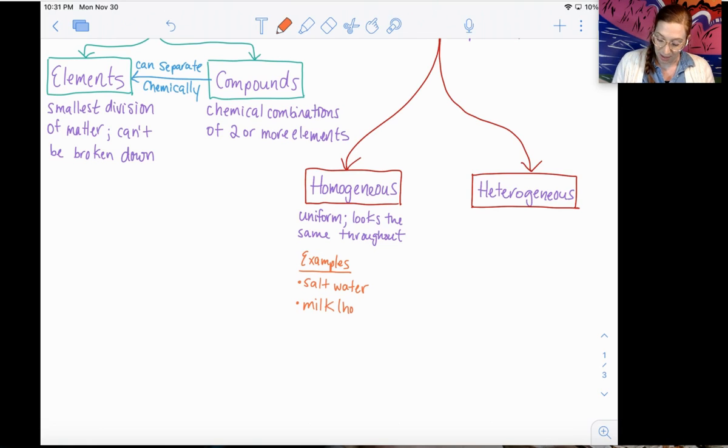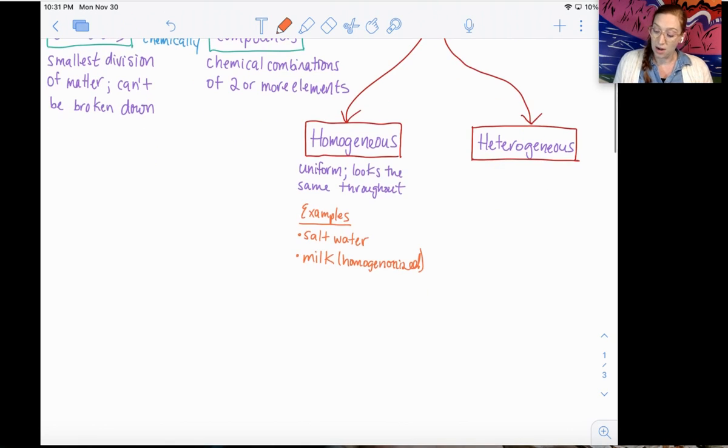We want to say that this is homogenized milk, which you'll see on the container of the milk that it's been homogenized, which means that all of the fat, proteins, and all of the liquid components have been processed so that they do not separate, which is why the milk's going to look the same all the way from top to bottom. Another final example is going to be a mixture that's homogeneous of two metals, and that's called an alloy.